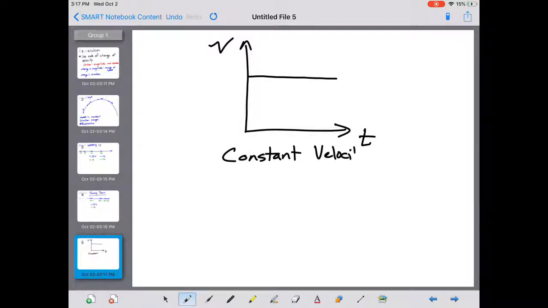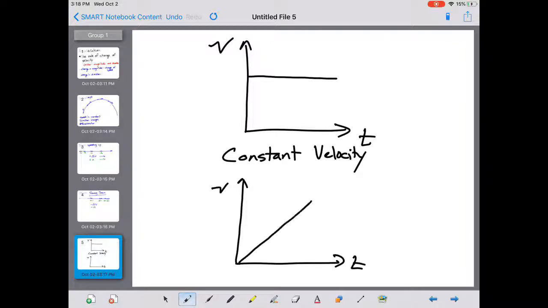Now what we're going to be looking at are situations where our velocity is changing at a constant rate. So in this case, we have a changing velocity due to acceleration.